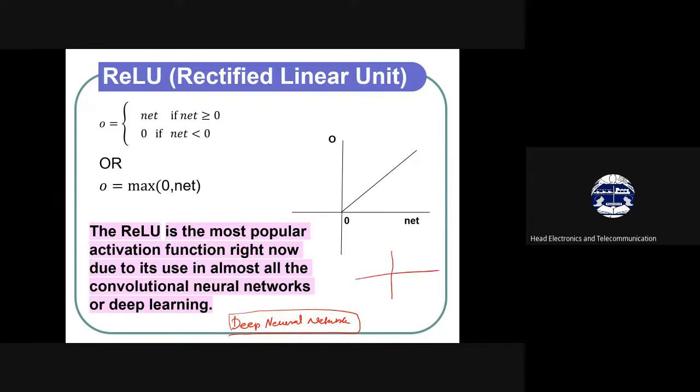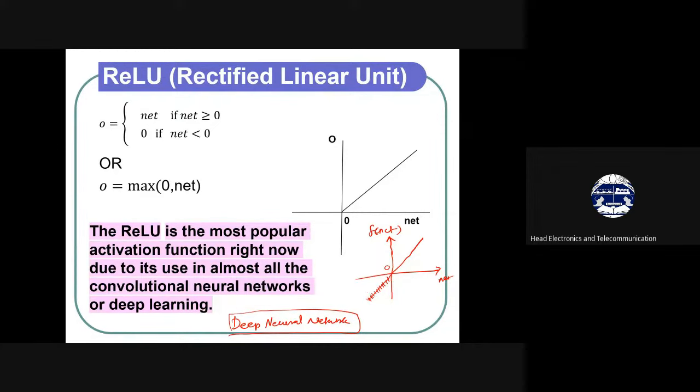So this was my linear activation function. This is net, this is f of net. What is done is we are throwing out this portion of my graph.